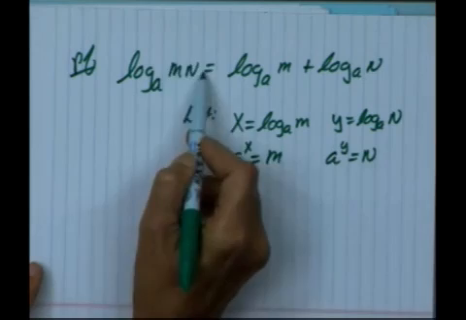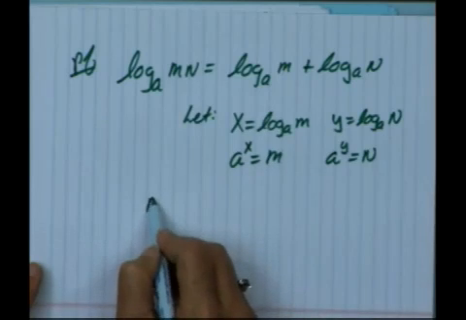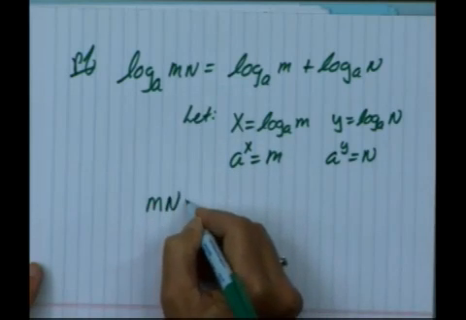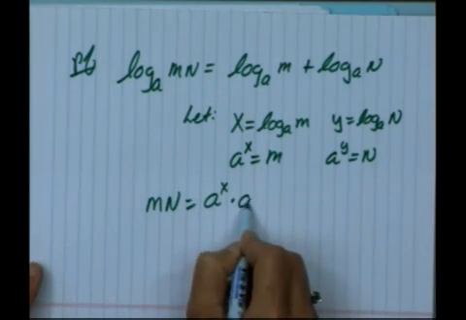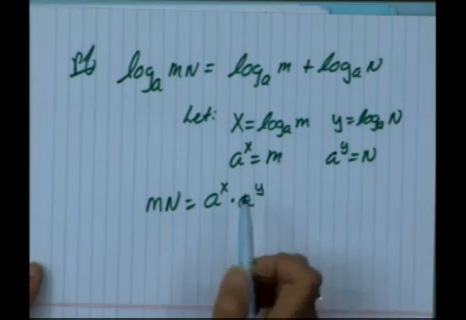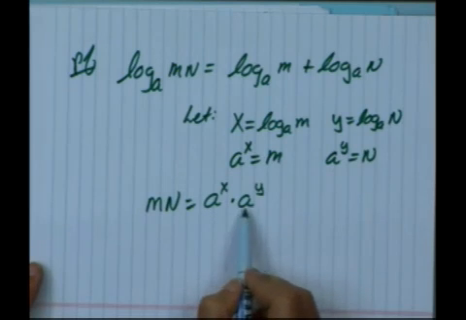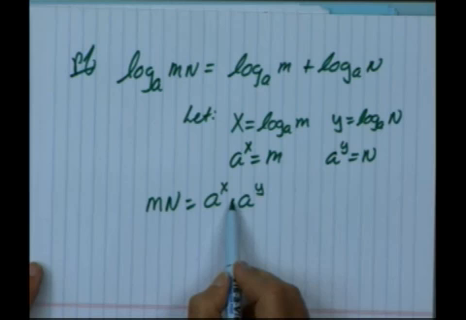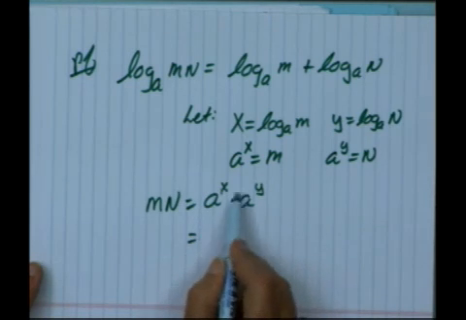And when I look over that, I'm trying to talk about a product, I would see that m times n would have to be a to the x times a to the y, right? If m is a to the x and n is a to the y, I could put it right here. And then you're all excited, I can look at your faces and tell, that you have a to the x times a to the y. You know in exponents, when the bases are the same, what do you do to those exponents?